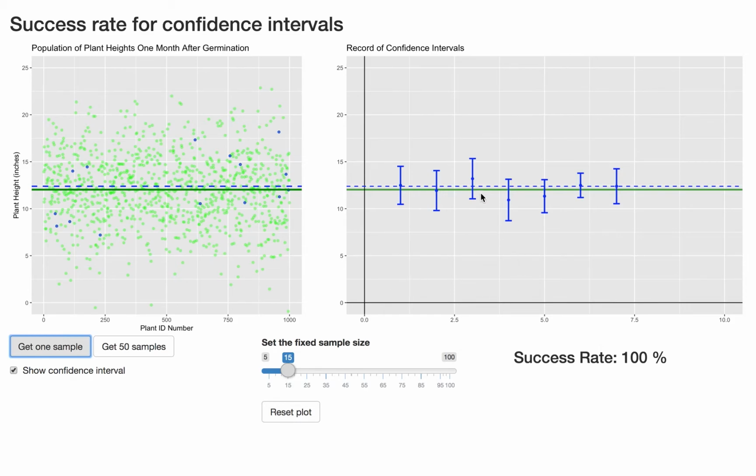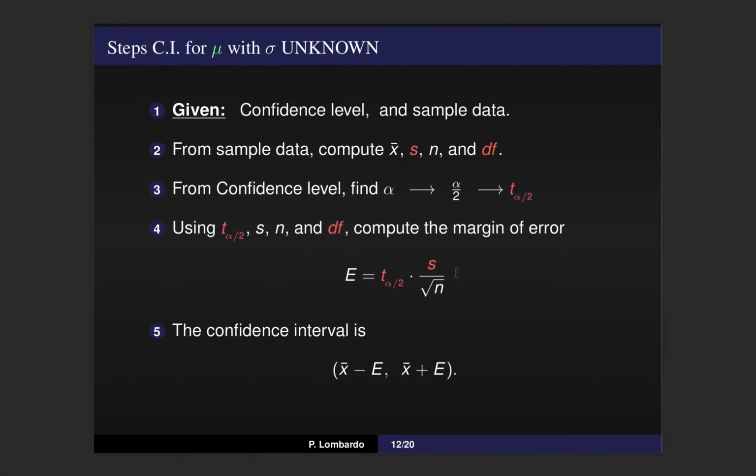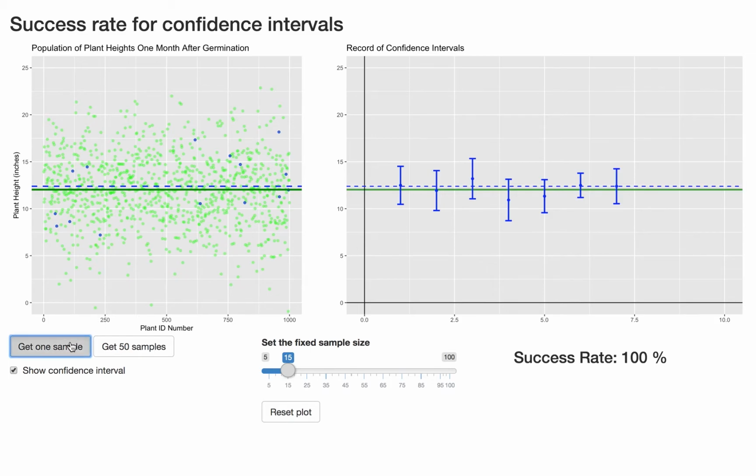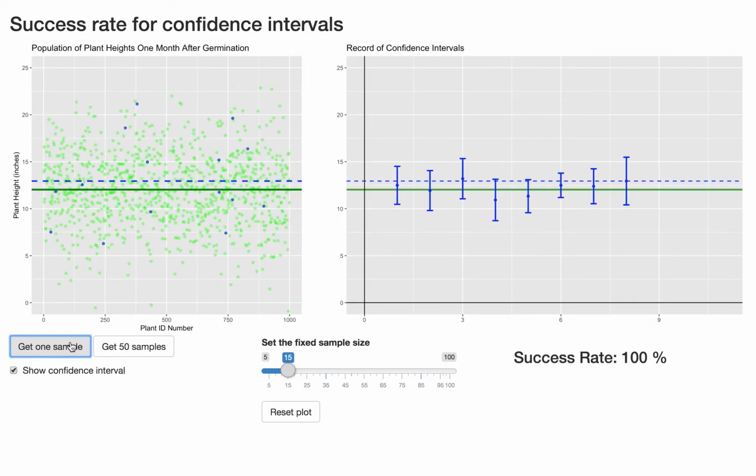But the other thing I want to point out here is that some of these confidence intervals are actually smaller than others. Notice that this confidence interval here is a little wider than this one. And part of the reason for this is the sample standard deviation that we're using in our margin of error formula. So if we just so happen to collect a sample that has a small amount of variation, this one I just collected is quite varied, so it has a much larger margin of error.